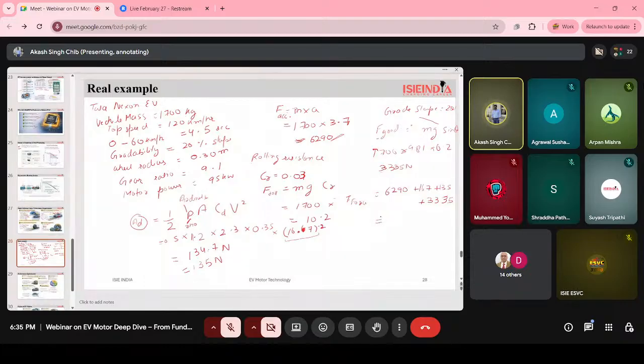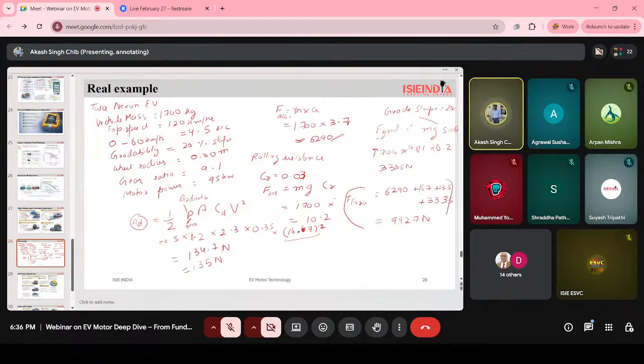Please calculate how much total force we are getting in the Tata Nexon EV. 6,290 plus 167... 9927 Newton. This much force we are getting in the Tata Nexon EV.